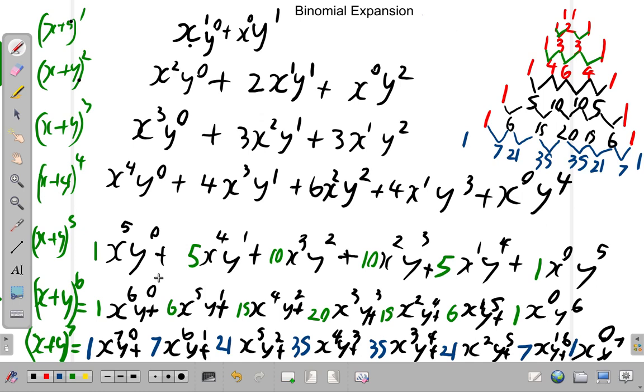Alright, let's see. I've seen this formula for the terms of a binomial expansion. It is written nCr. If you have x plus y raised to the power of n, it is equal to nCr, x to the r, y to the n minus r.